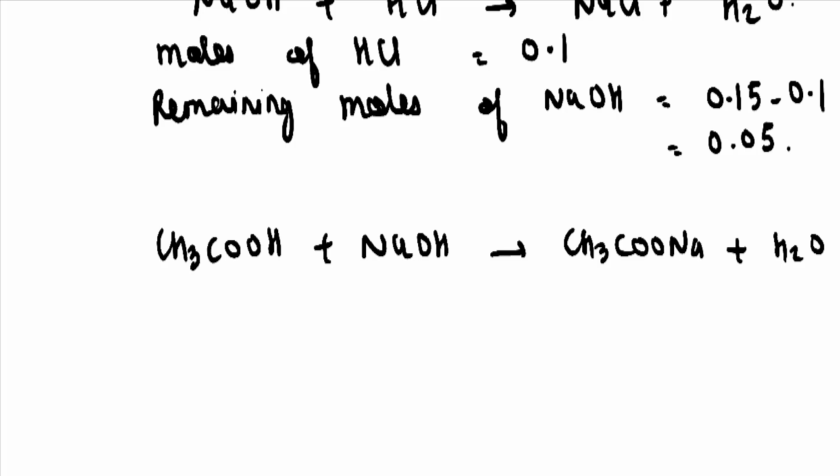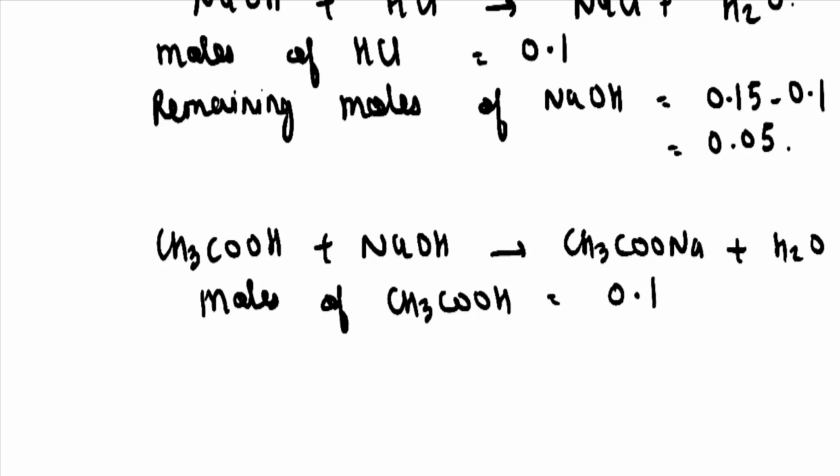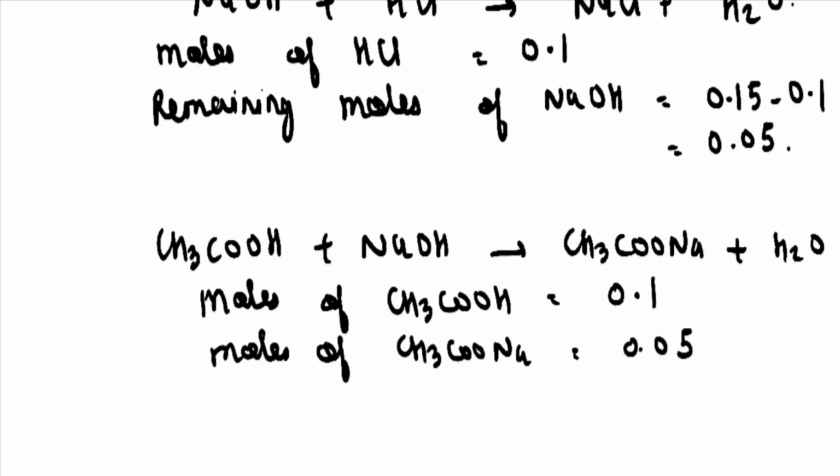We have moles for acetic acid equal to 0.1. So our moles for sodium acetate will be equal to 0.05, which is equal to the moles of NaOH that reacted, and hence moles of acetic acid which is unreacted will be equal to 0.05.